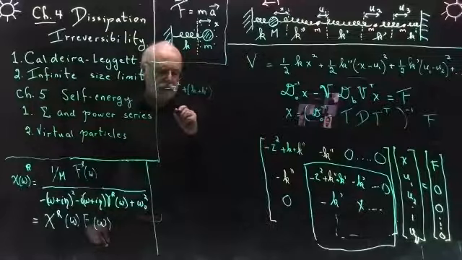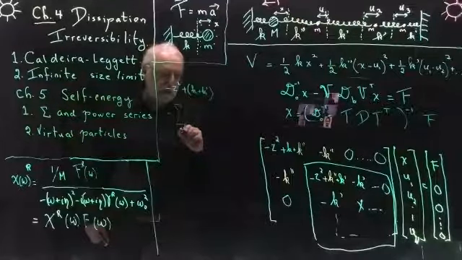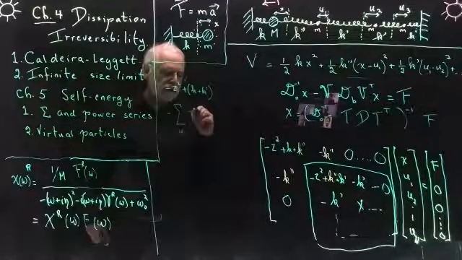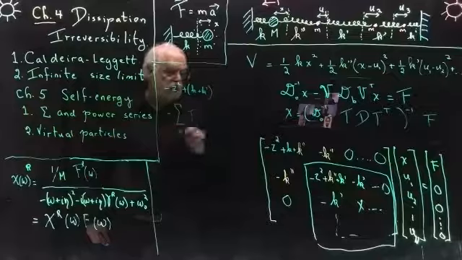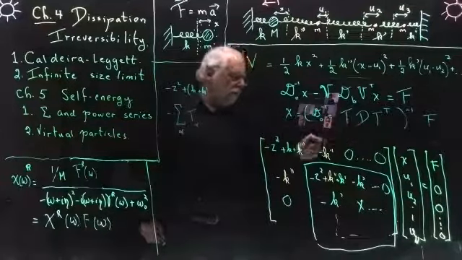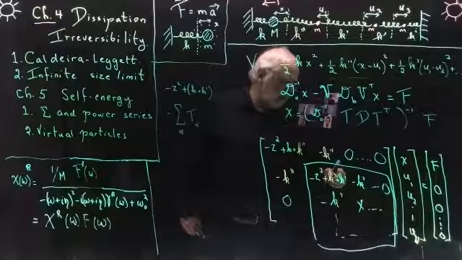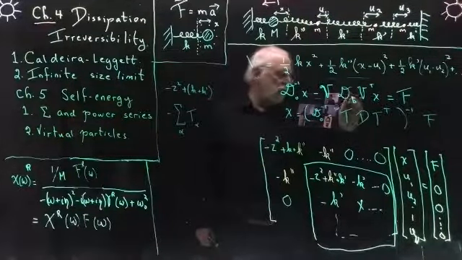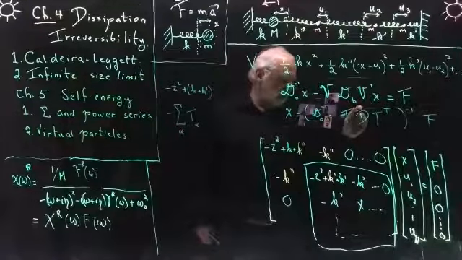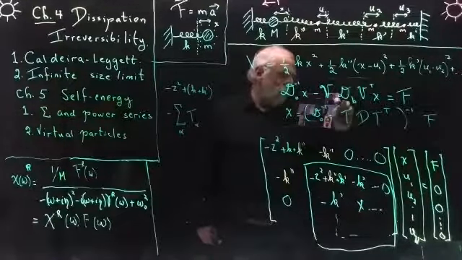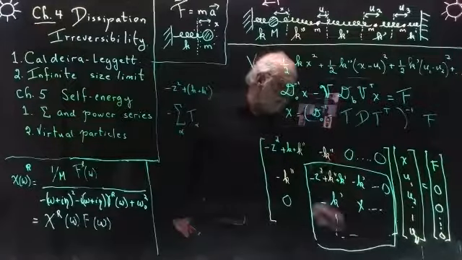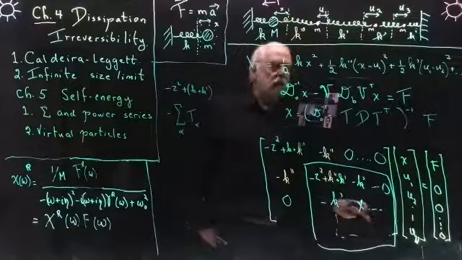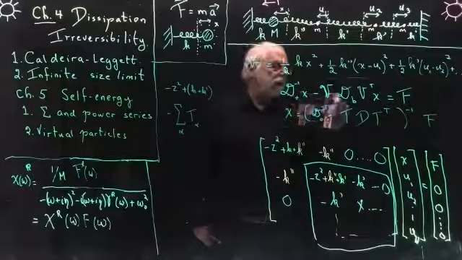And then I have minus the sum over the eigenmodes alpha, T of alpha, and this diagonal matrix is D. You have to remember that D here is the inverse of this matrix, because on the left-hand side, I had D to the minus 1.